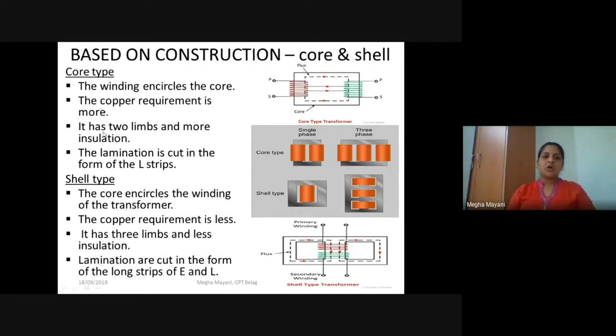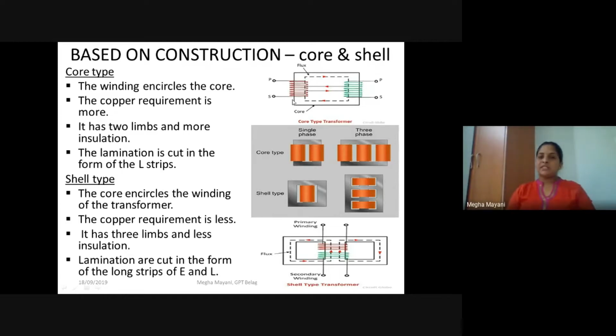And it has got two limbs for the insulation, and it provides more insulation compared to shell type. The laminations usually used are L-type strips. So you have L-type strips as the laminated cores, which are used in core type.